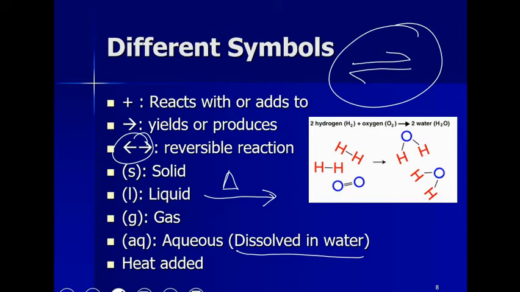A catalyst is something that speeds up a chemical reaction. H2SO4 is a common catalyst, and you would write the arrow with the substance on top. So that's when a catalyst is added. And at the very top, the triangle means that heat is added.